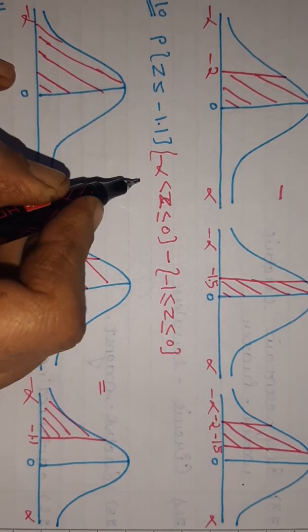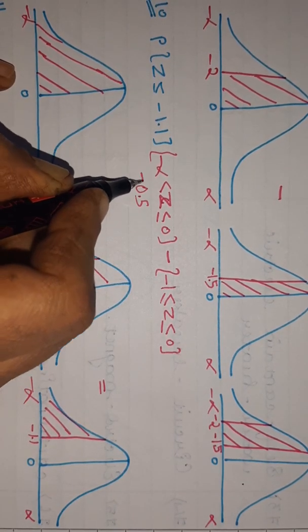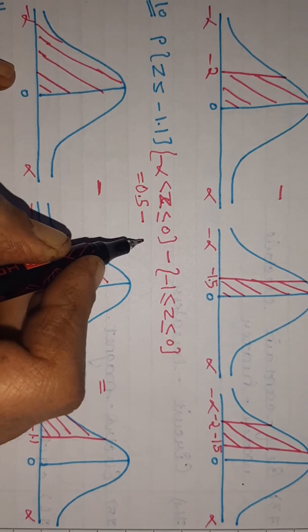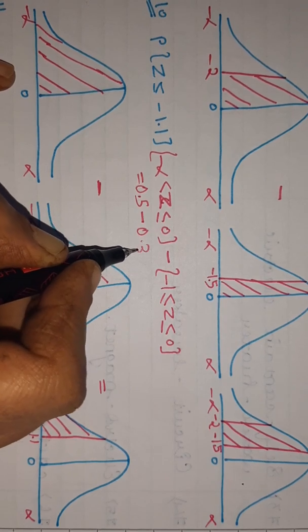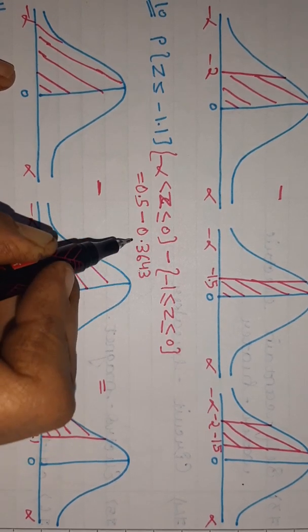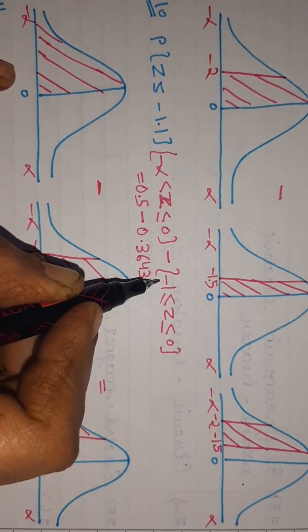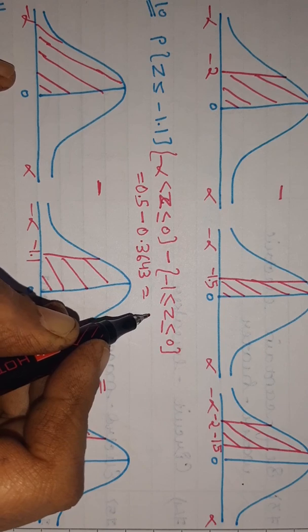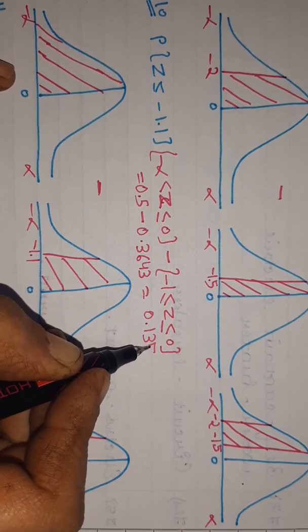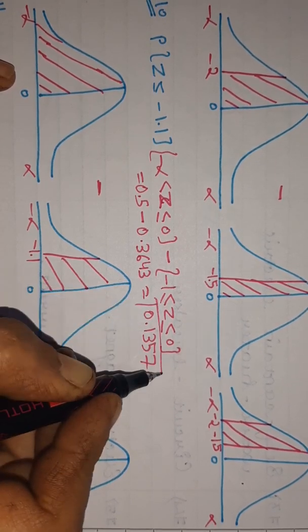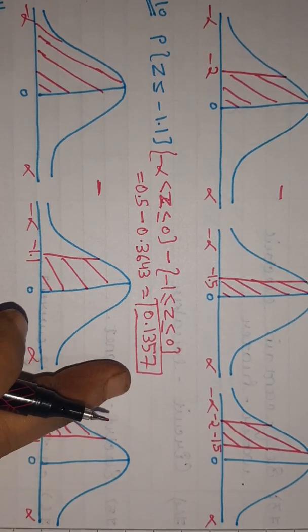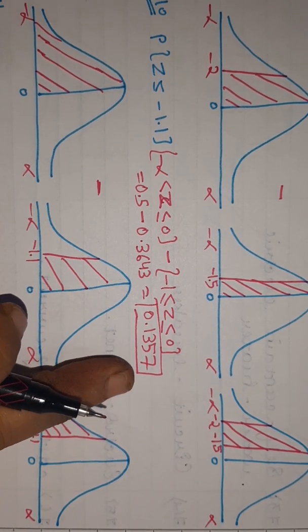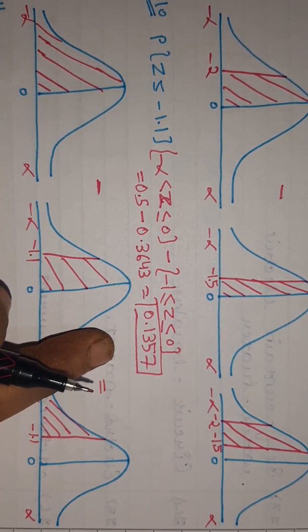So this is 0.5 minus 0.3643, which is the value from minus 1.1 to 0. When you subtract this, we get 0.1357. So this is how we find the area with the help of this.